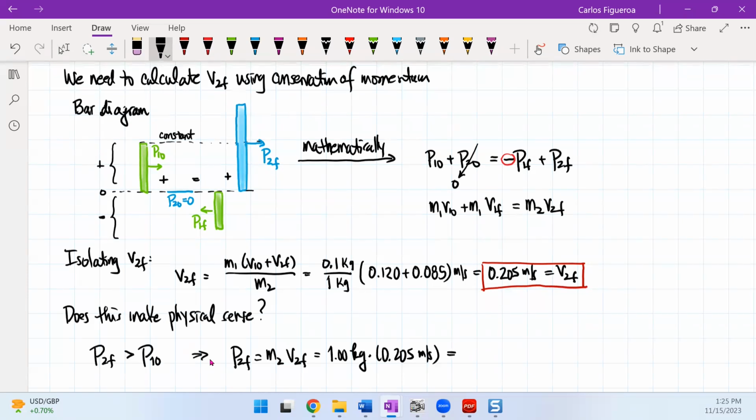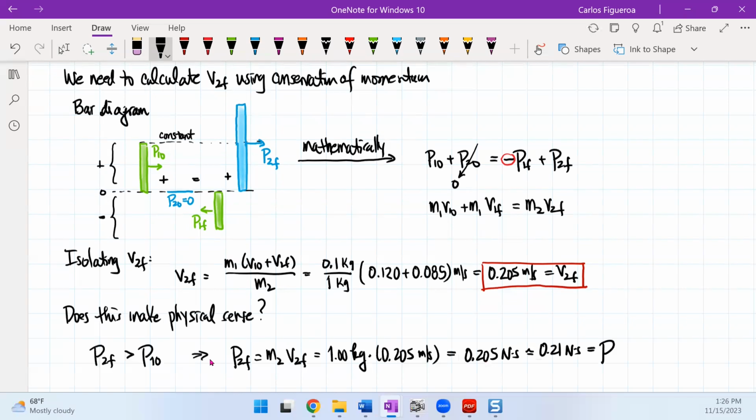This gives us a value for momentum of 0.205 newton second, or I can approximate that to 0.21 newton second.